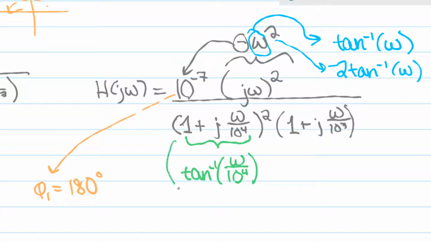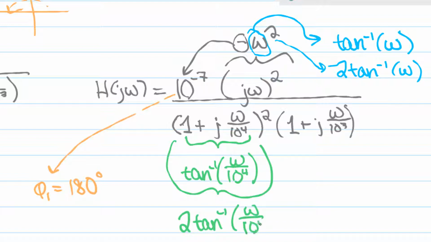So if I look at the whole thing, I have 2 tan inverse of omega over 10 to the 4th. And then the last term, it's not raised to a power, so I'm just using inverse tangent of omega over 10 to the 3rd.